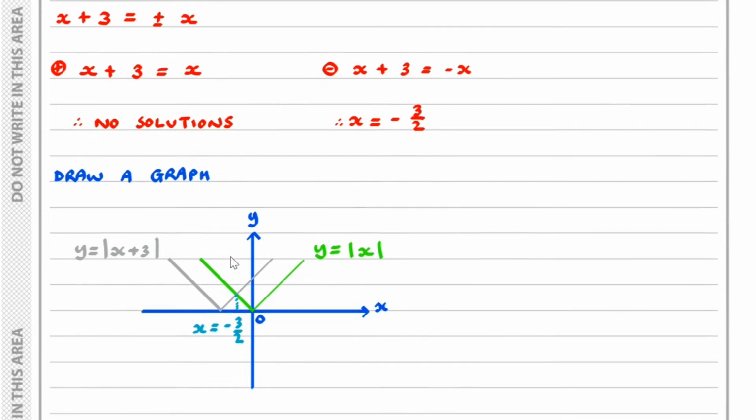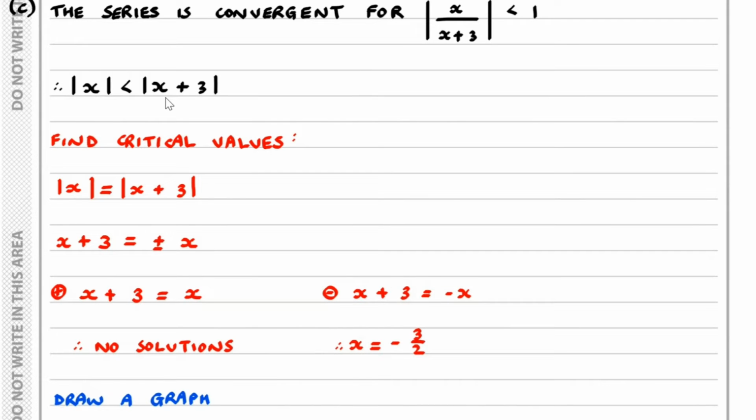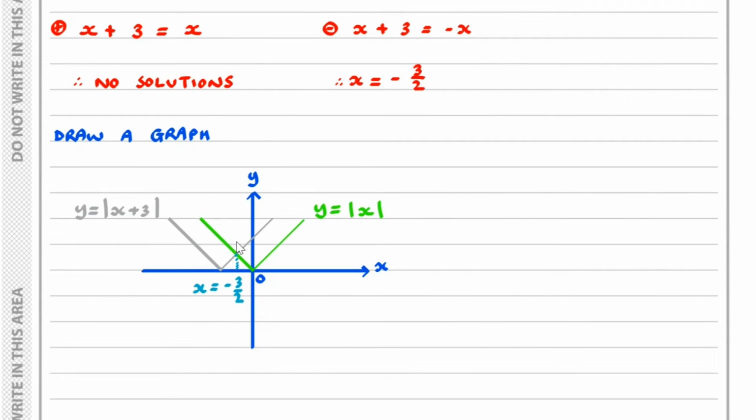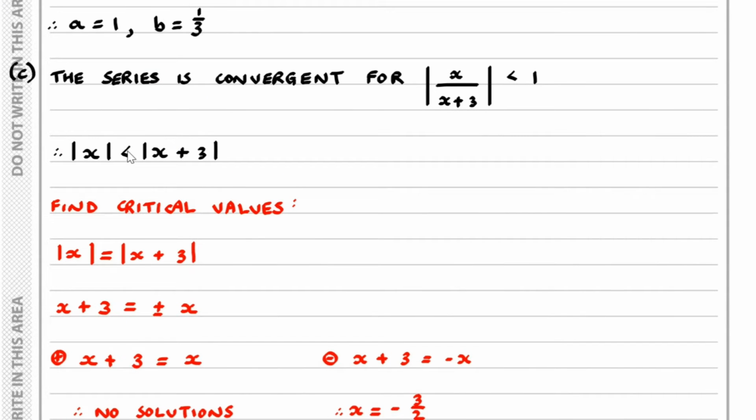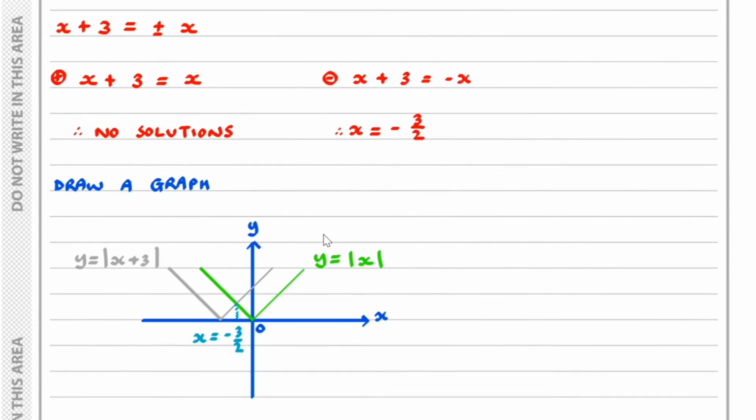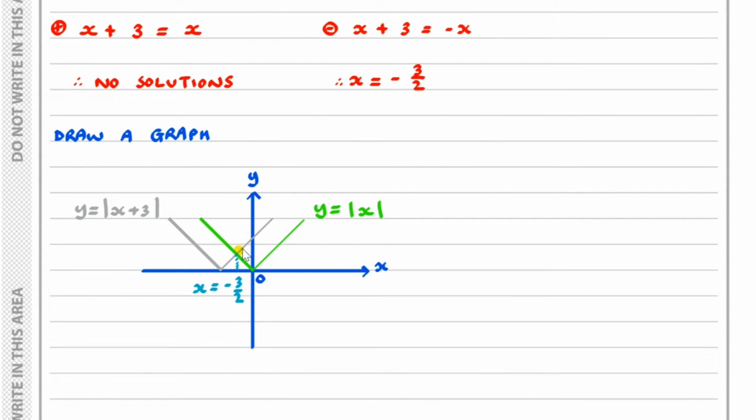And what we need to do is find out where the mod of x plus 3 is greater than the mod of x, and is greater than over here. So what we need to do is solve this inequality.